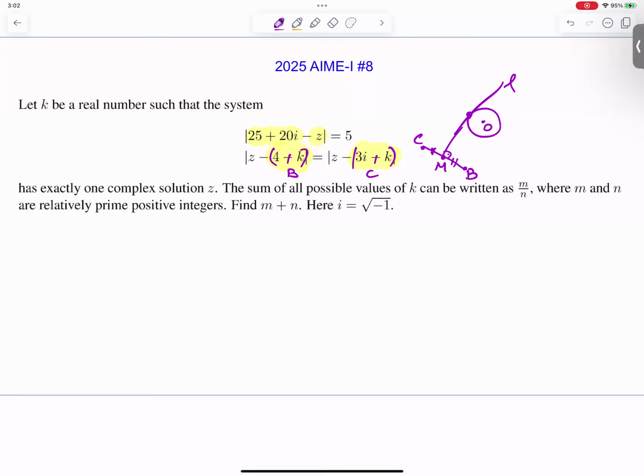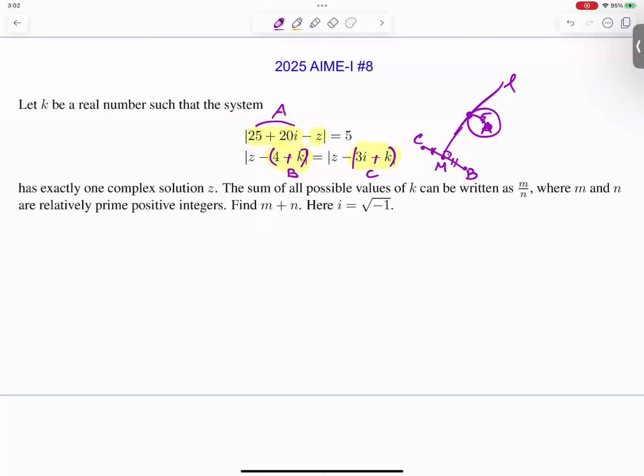Let's say this is the point A. And we want the line to be 5 away from the point A, so that there's a unique solution for the intersection of that circle and line. Okay, so this is our game plan here.